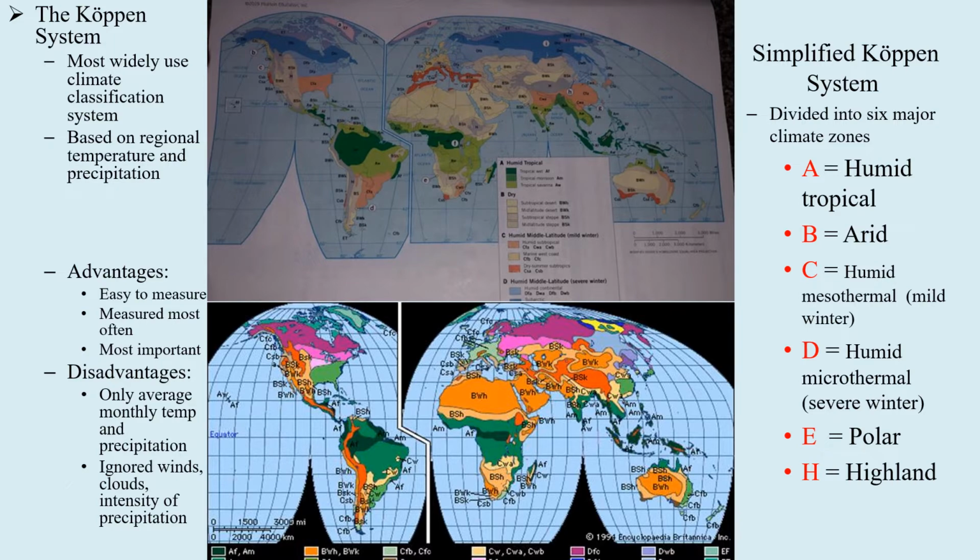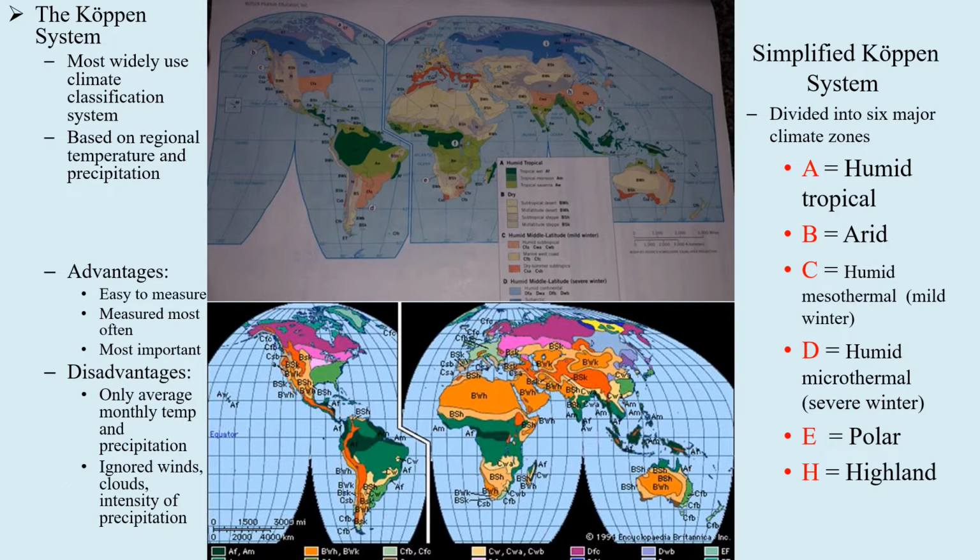So the Köppen climate classification is mainly 5 types, plus one for the highland. Make sure that for each classification you know at least the basic things. Like A is the tropical humid region, so you have Am, Af, and Aw. Af means tropical rainforest, Am means tropical monsoon, and Aw means tropical savanna.